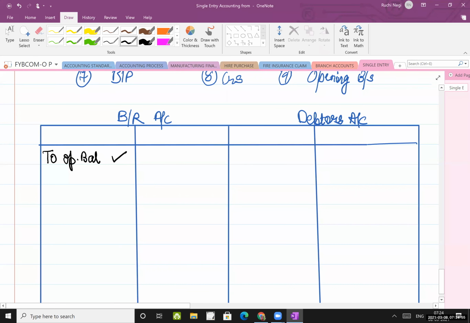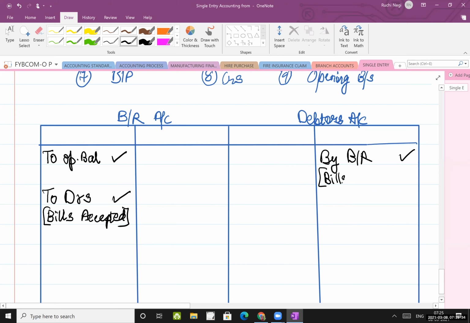So, opening balance. Then the bills accepted entry: bills receivable to debtors. Which entry is this? Bills accepted. Its second effect will come in debtors, obviously, by bills receivable. Don't forget all this.